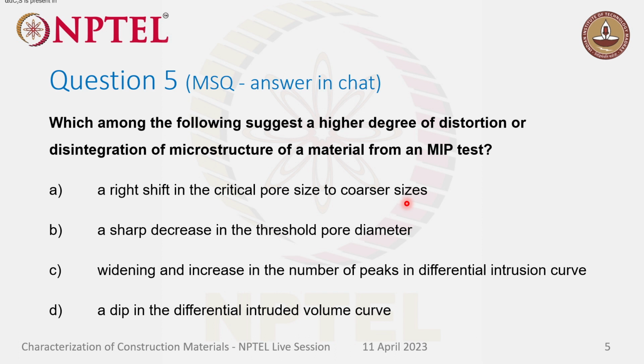Or consider a sample taken from any other aggressive chemical environment. In that case also, the available portlandite will be converted to gypsum, and the gypsum will erode; it may dissolve and leach out if it's a freshwater surface like a river structure.